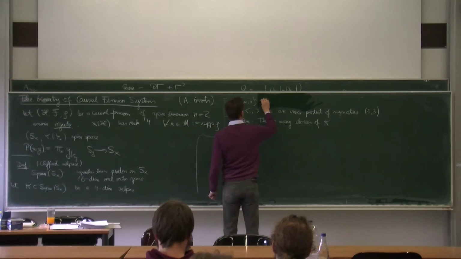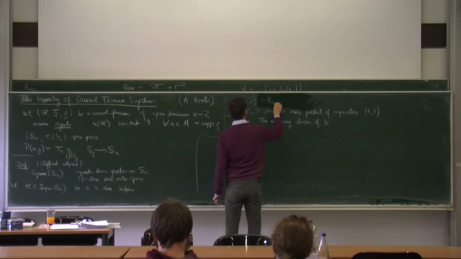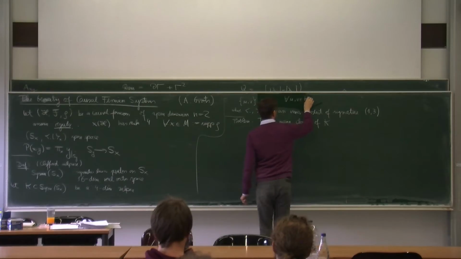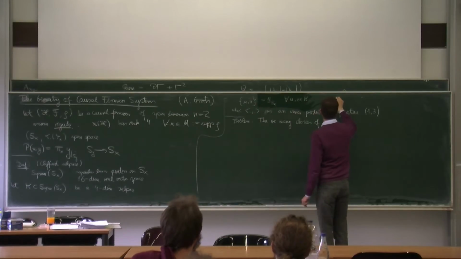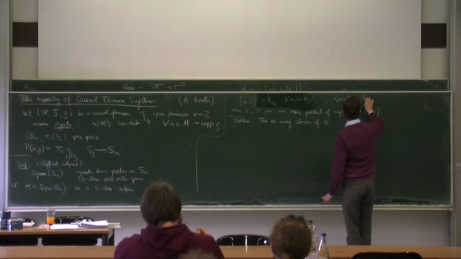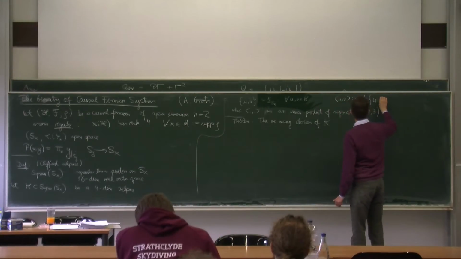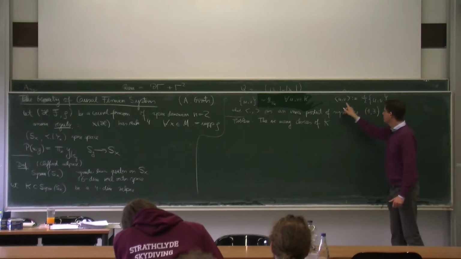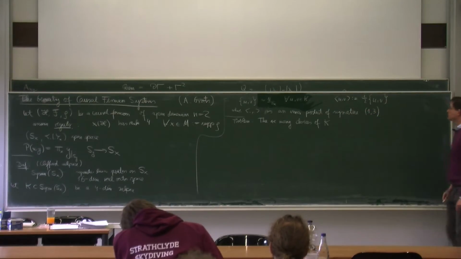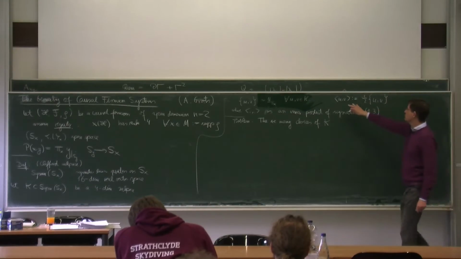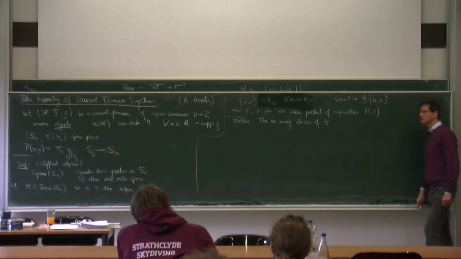So this is proportional to the identity on Sx for all U, V in K. And then we just define ⟨U, V⟩ as 1/2 the anti-commutator of U and V. Maybe that's better. And then this bilinear form should be non-degenerate and of signature 1, 3.